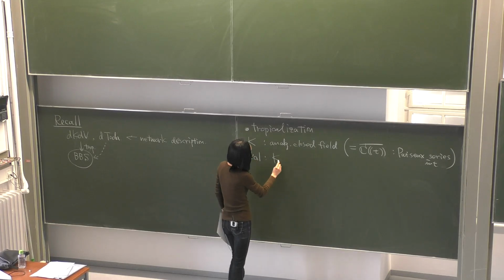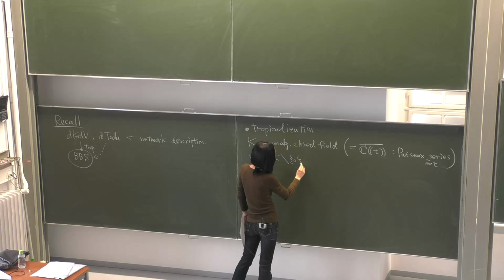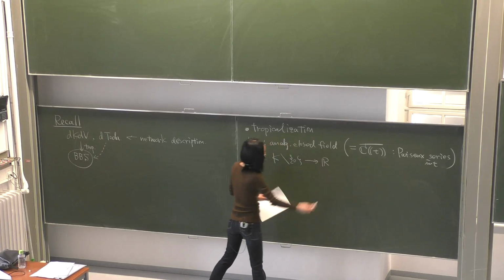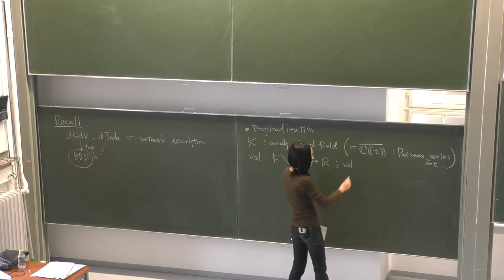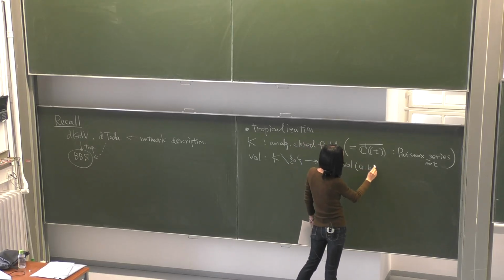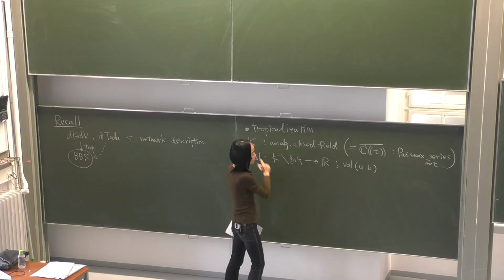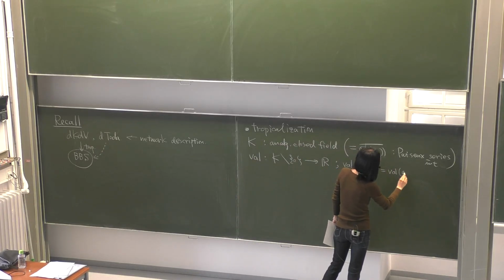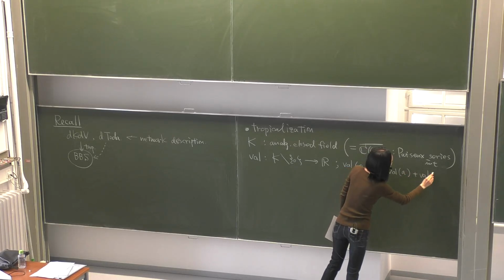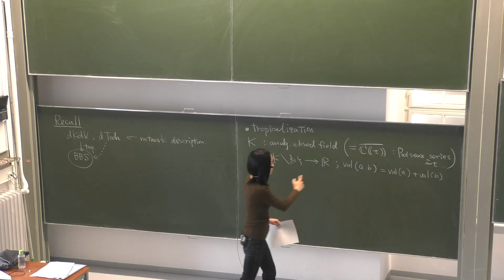A valuation is a map from K minus 0 to the real numbers, satisfying the following properties. The valuation of A times B is the sum of each valuation. This is easy to understand.